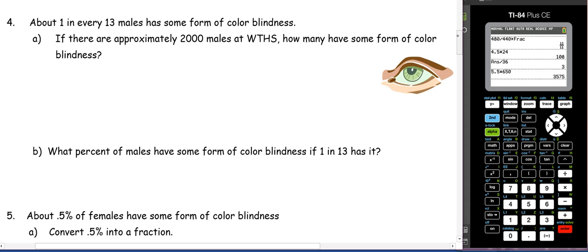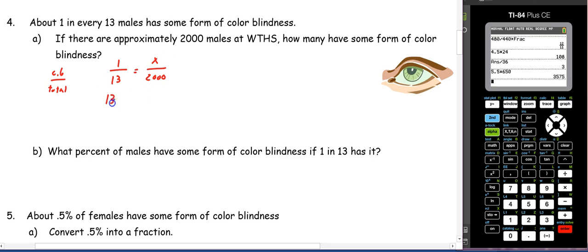Number 4, about 1 in every 13 males has some form of color blindness. So if there are approximately 2,000 males at WTHS, how many of them have a form of color blindness? So we're comparing the color blindness to the total people. So for every one colorblind, there's 13 people total. So we want to know how many out of 2,000 are going to be colorblind.